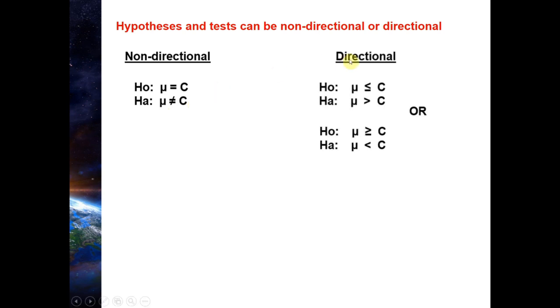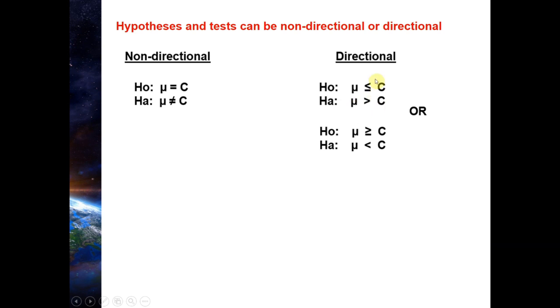Now, the directional hypotheses, well, there's two of them, right? Again, let's start with HA. Remember I said it's easier to figure out H0 if you begin with HA. So HA says mu is going to be greater than the constant. So that's one possibility.